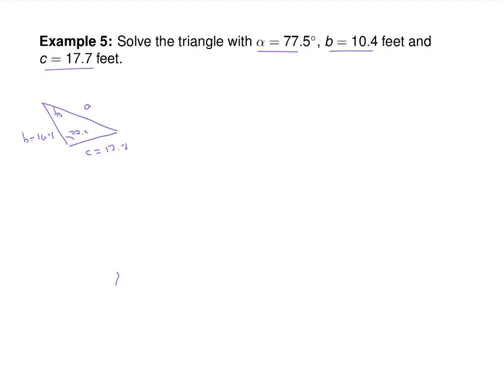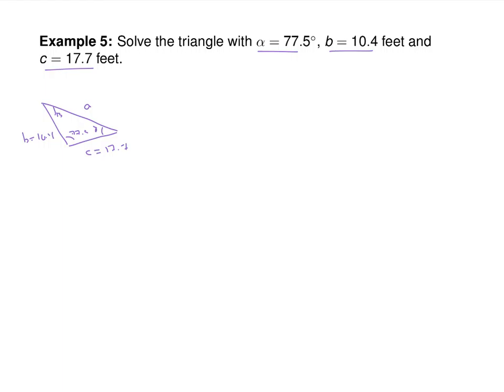Call this beta and call this gamma. Actually, I think on this one, you can't use the law of sines. It's not going to work, because you would need to know both alpha and A, or both beta and B, and you don't know that.